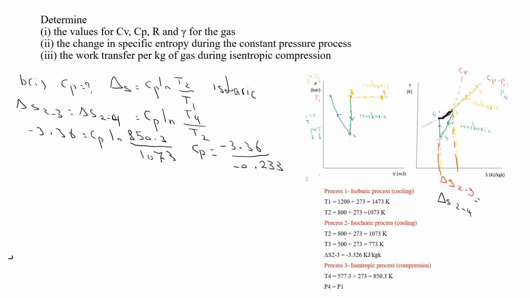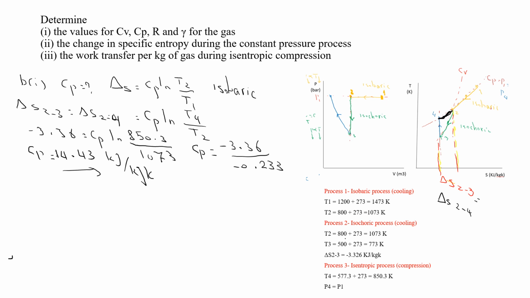So from here we can get Cp is equal to 14.43 kilojoule per kilogram Kelvin. So this is a part of the answer.